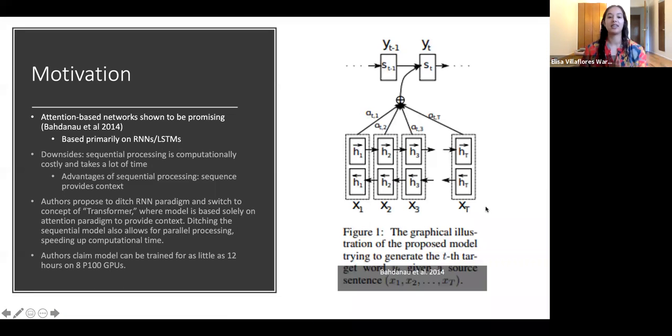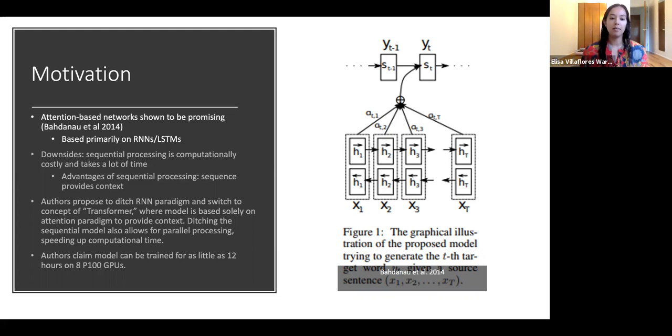Okay, so let's talk about the motivation for this paper. At the time, in 2017 when this paper was written, we should understand that in natural language processing circles, one of the big challenges was doing translation from one language to another. So for example, French to English or German to English, something like that.